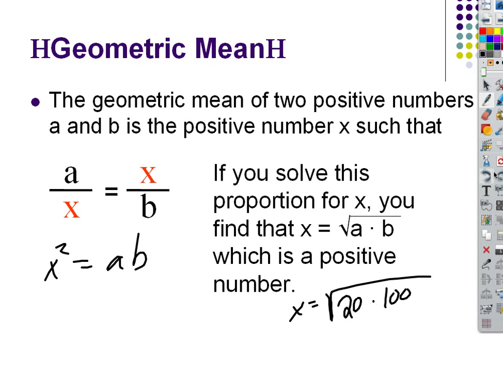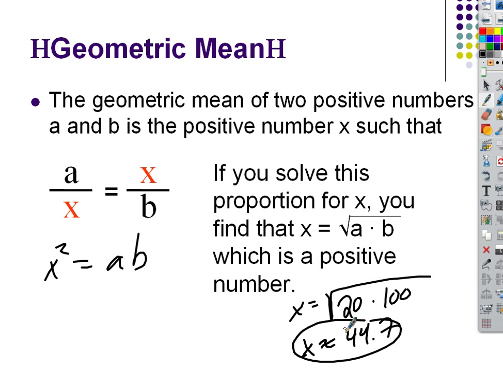No, I get 40. I had that totally backwards. I get 44.72. Okay. So x is roughly equal to 44.7.